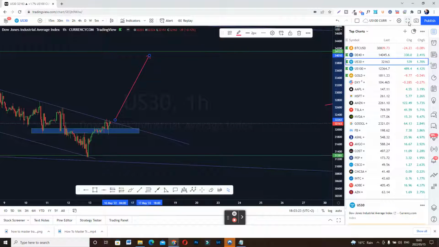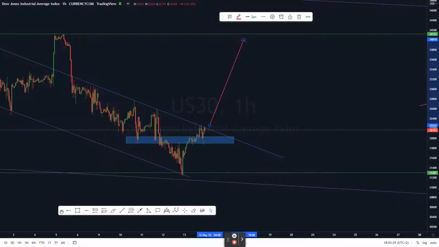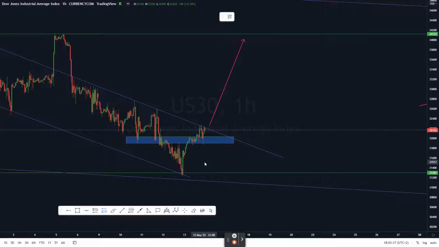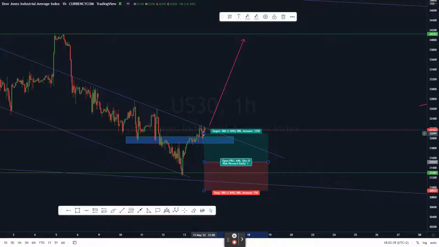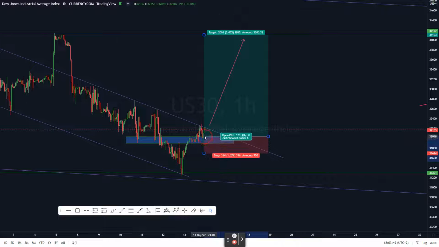Okay, let's maximize. Okay. So now you could be targeting a move. You can go long. I mean, this is a short. You can go long, targeting this with a stop loss just below this level.